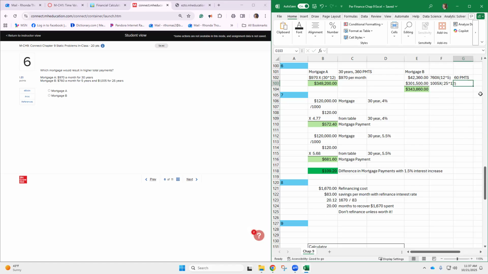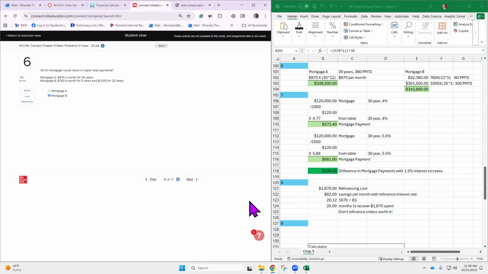So it's the same number of payments, but you're actually paying less with mortgage B. When it's all said and done, mortgage B is lower by about $5,000, because this one's 343,000 and this is 349,000.